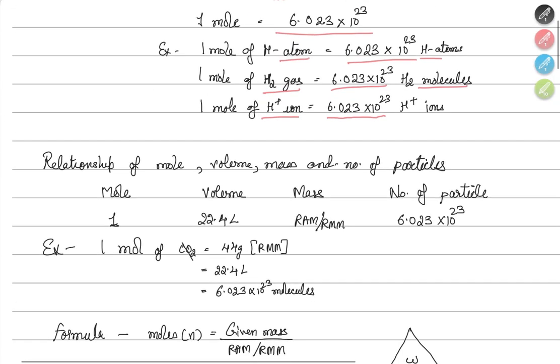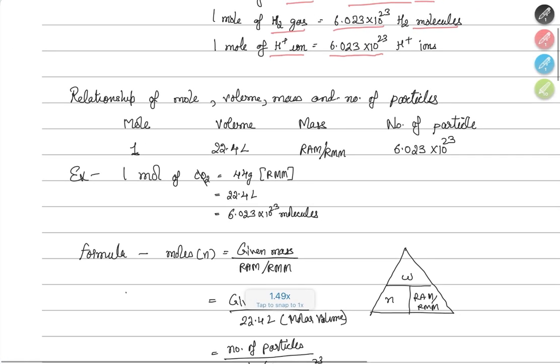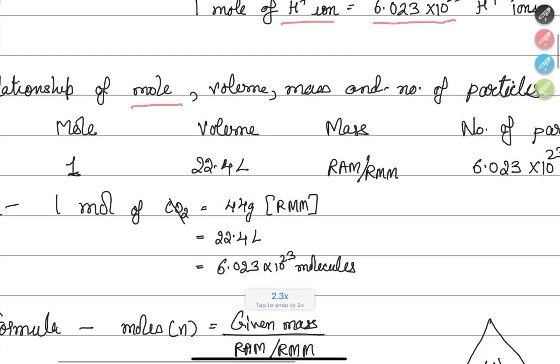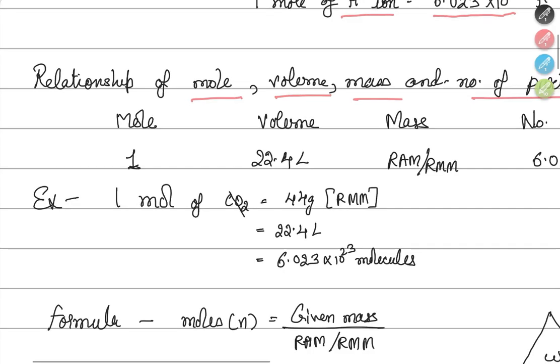So let's find out the relationship between the moles of a substance, volume, mass, and number of particles. As I said, mole means a collection, and the term is derived from an English word, heap, meaning a collection. I already told you the number is known as Avogadro number.